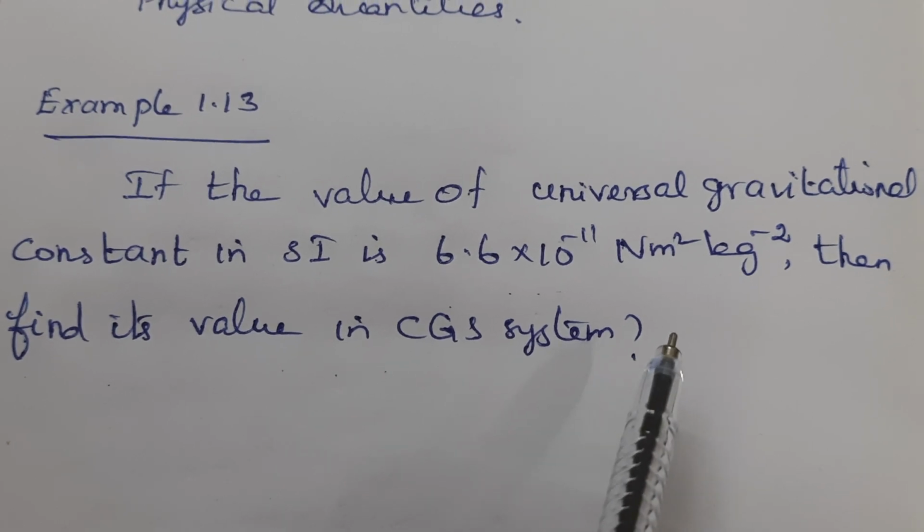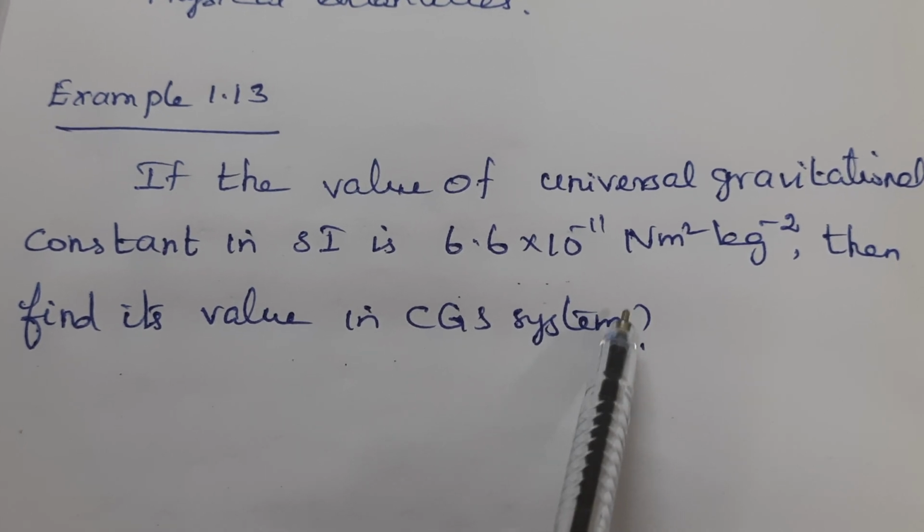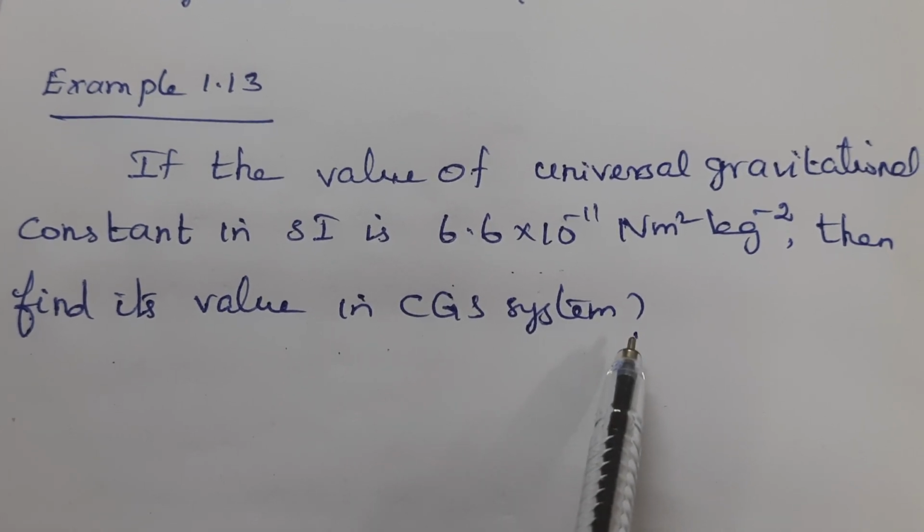So, universal gravitational constant in the SI system is given. We have to find out the CGS system.